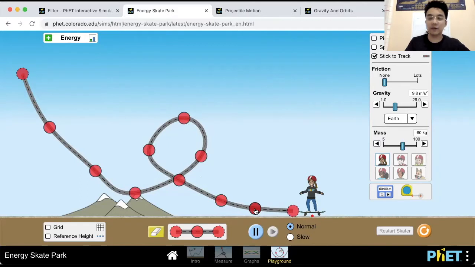Using this playground feature, you can try to make loops and test if the skater can successfully complete the roller coaster. To make it more fun, you can even choose your own skater.